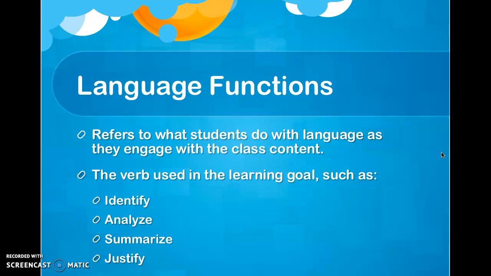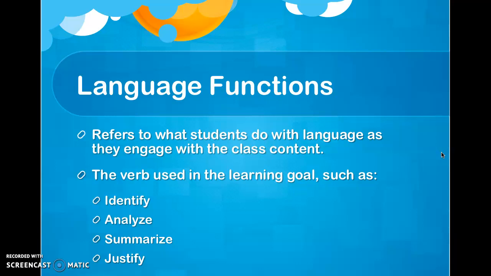For instance, in a lesson, if it says to identify the specific rhetorical devices used within a paper, being able to understand that identify is the key goal is very crucial. Or if they need to analyze a poem to understand the message the author is trying to give to the reader, analyzing is the crucial language function.